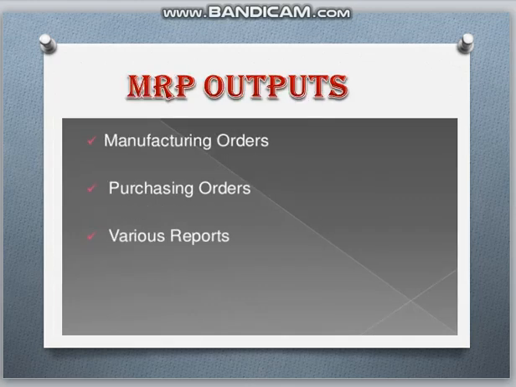Next, moving on to the MRP outputs. With the help of all three input sources, MRP determines the outputs, such as it plans the purchasing orders, and it also plans manufacturing orders and various reports regarding the timings and orders for future materials, actions of order release and changes in orders, the various orders which are cancelled, and errors in the manufacturing orders which are given to our manufacturing department.